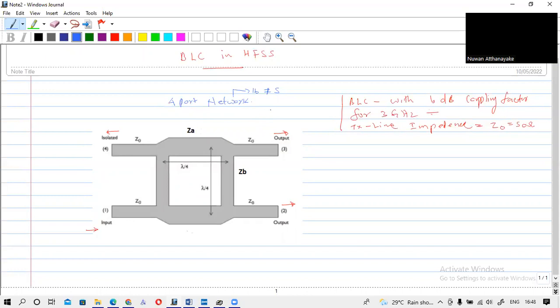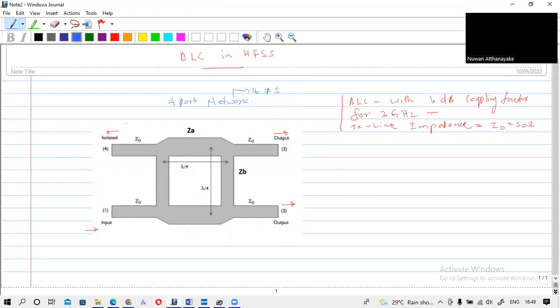In our first lab we were supposed to do the S parameter measurement physically using the network analyzer. Here we are going to measure these parameters using HFSS. That is our task.